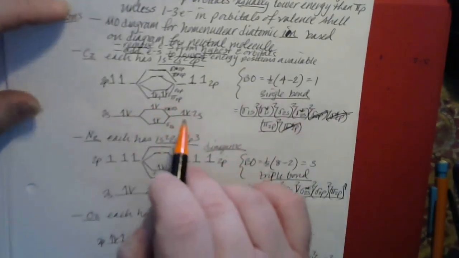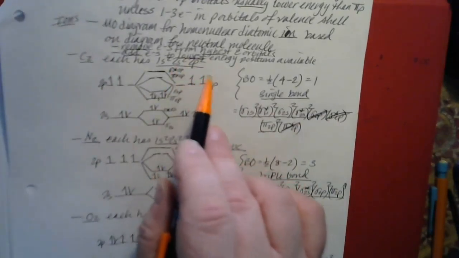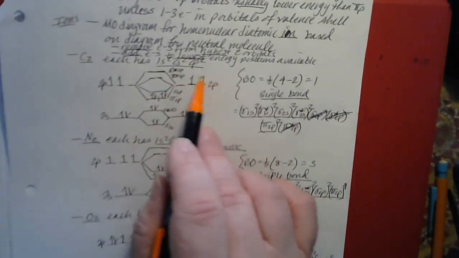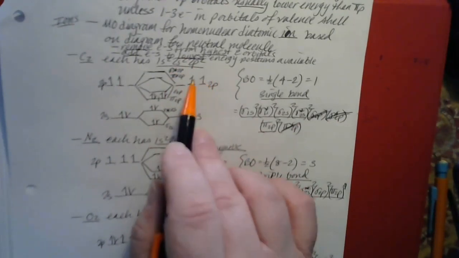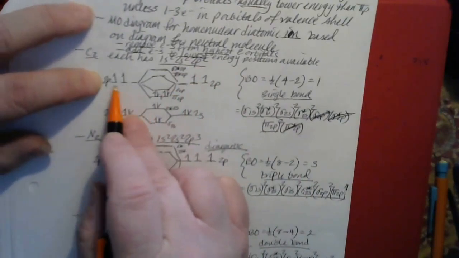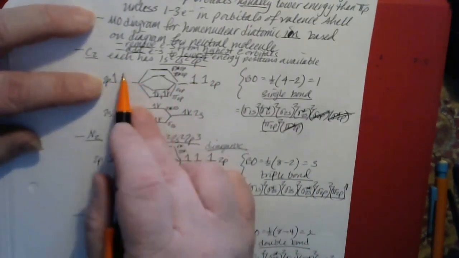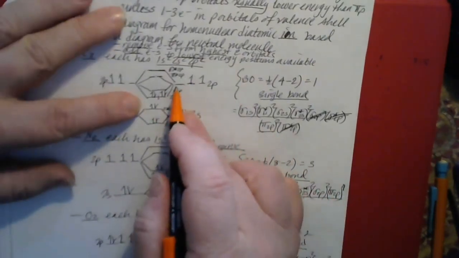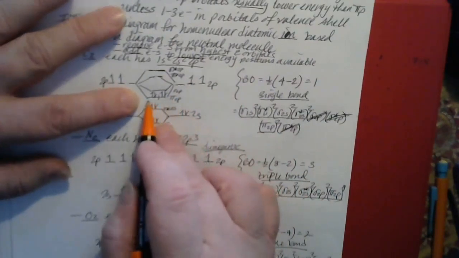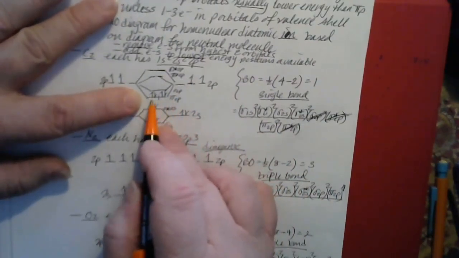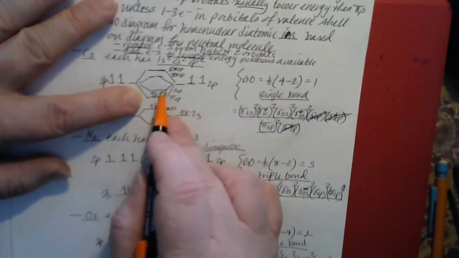For the p electrons, you've got 2 electrons in the p orbitals of the second shell for each carbon. So for the carbon on the left, that's 1 electron in each of 2 out of the 3 p orbitals, and the same on the right. When they come together to form molecular orbitals, this is a case where the pi 2p orbitals are lower in energy than the sigma 2p orbitals.